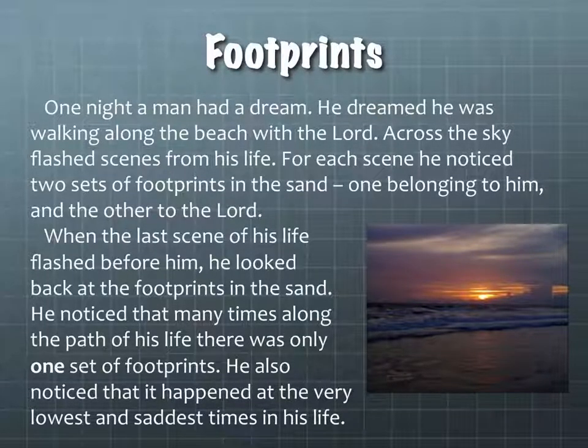This really bothered him, and so he questioned the Lord about it. Lord, you said that once I decided to follow you, you'd walk with me all the way. But I've noticed that during the most troublesome times of my life, there's only one set of footprints. I don't understand why, when I needed you most, you would leave me. The Lord replied, my precious child, I love you and I would never leave you. During your times of trial and suffering, when you see only one set of footprints, it was then that I carried you.